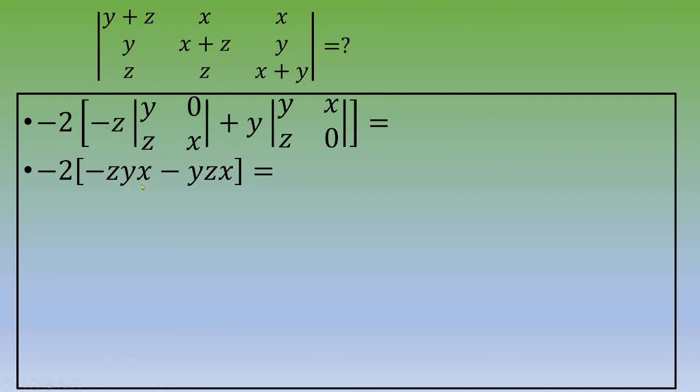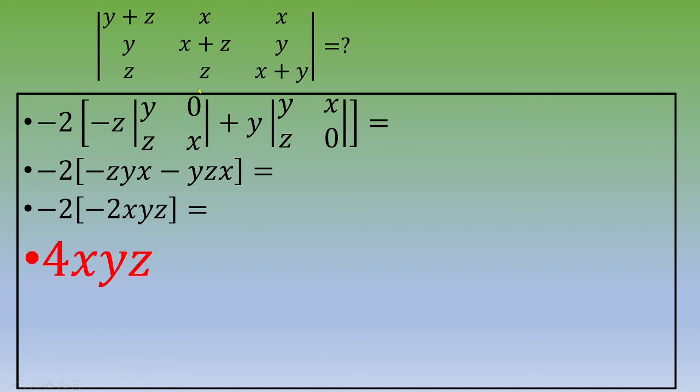This is yx, okay, plus y times 0 times y, this is 0, minus x times z. So we've got at the end negative 2 times negative 2 times xyz, and the result is 4xyz.